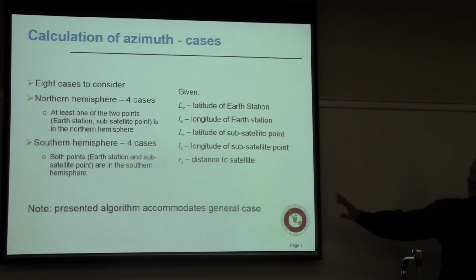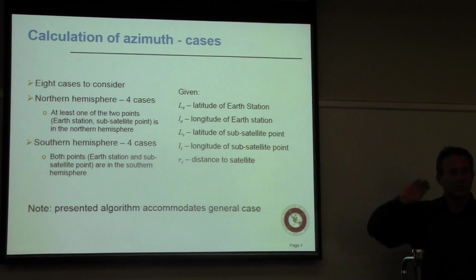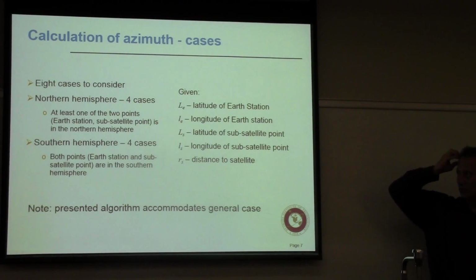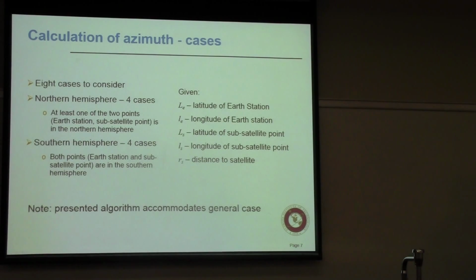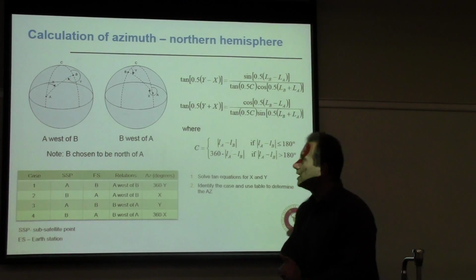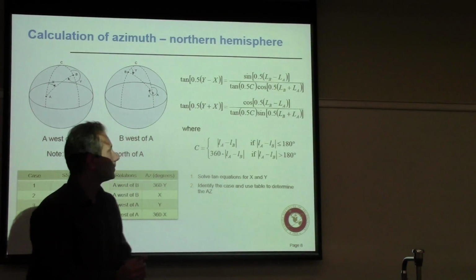Now, the presented algorithm, as it says here, works for a general case. These equations simplify quite a bit when you're talking about geostationary satellites, but let's present the general case. Let's first look at the northern hemisphere. We have 4 cases for the northern hemisphere.